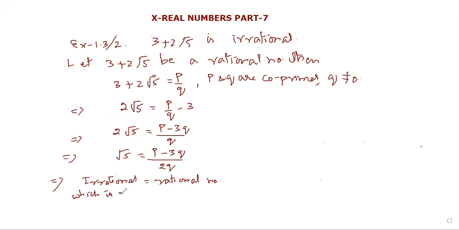Hence, in short, you can write like this also: which is a contradiction. Hence, 3 plus 2 root 5 is irrational. Okay, got it?